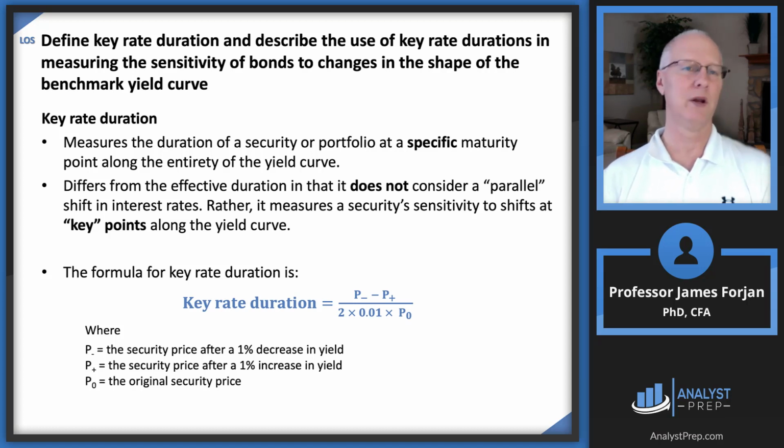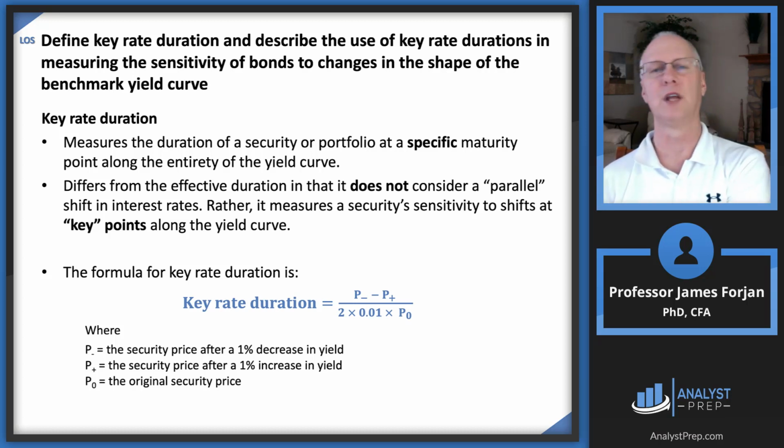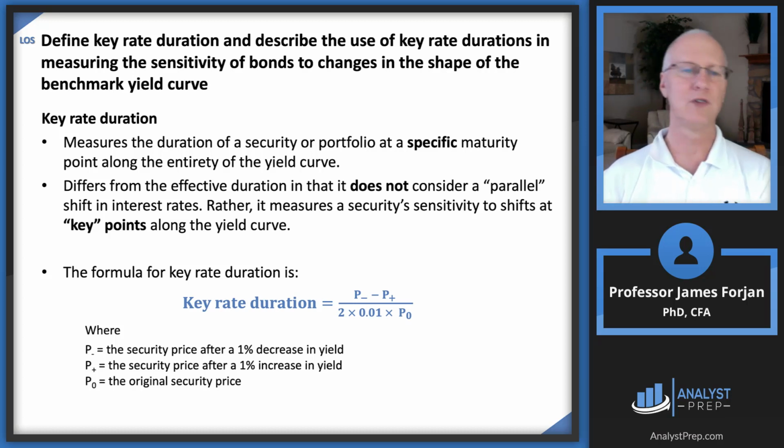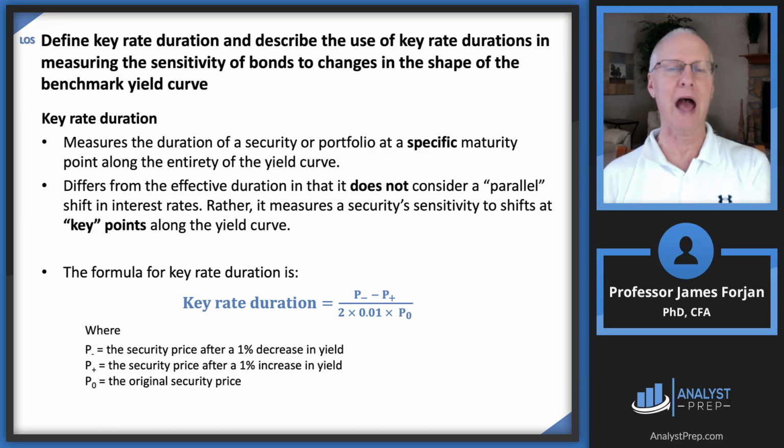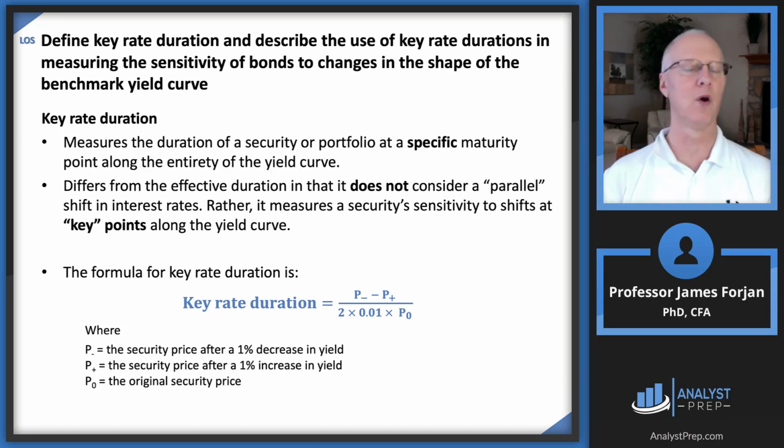But suppose that we don't really care about 2 and 3 year yields and 12 and 14 and 18 year yields. We just have a whole bunch of bonds that mature in 8 years. And so we want that key rate duration. In other words, what is going to happen to the price of the bond at that key rate?